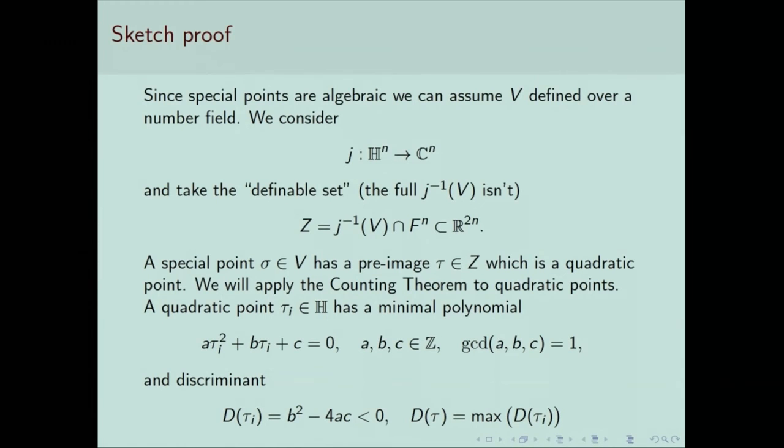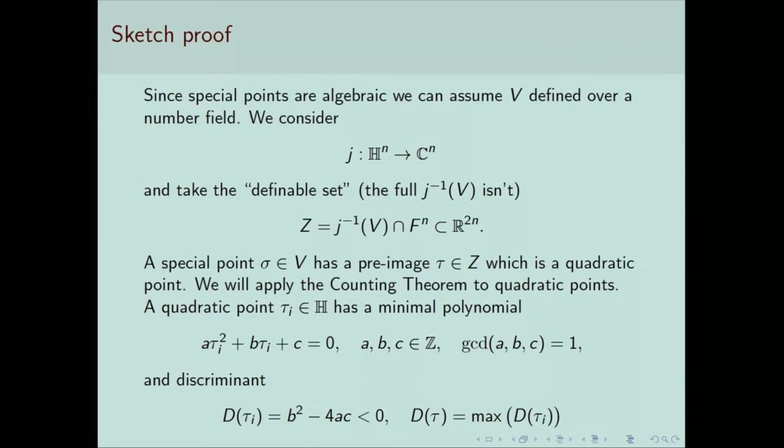For the quadratic point, each coordinate tau_i is just a quadratic irrational, and it has some minimal polynomial over Z. It satisfies some minimal quadratic. And that quadratic has a discriminant, which is a convenient complexity measure of this point. And I'll take the D of tau to just be the maximum of the discriminants of each of the coordinates.